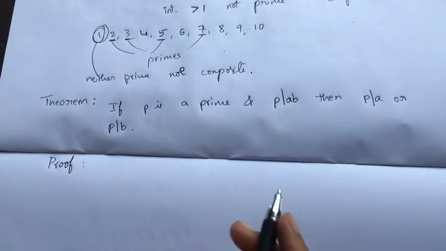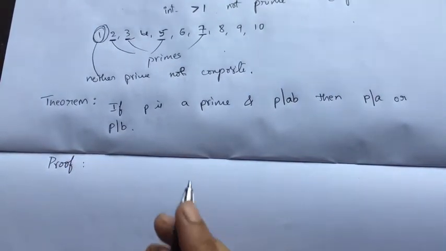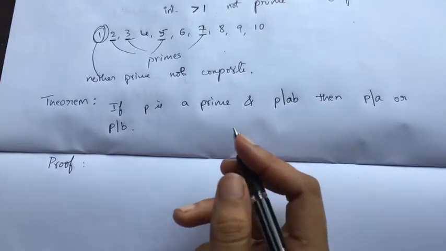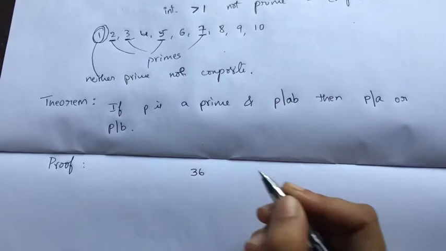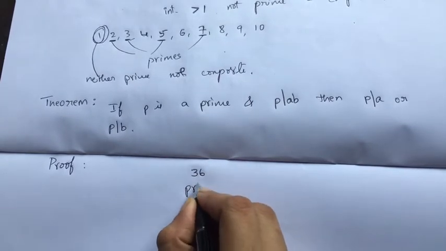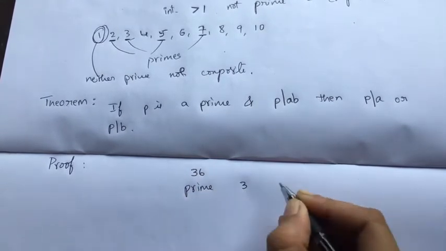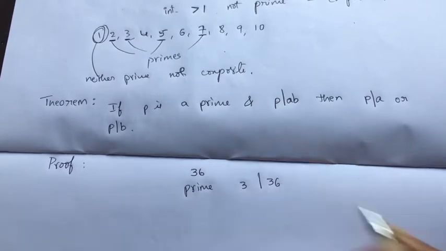You can check this with an example. Suppose I have the integer 36. I know the prime number 3 divides 36.